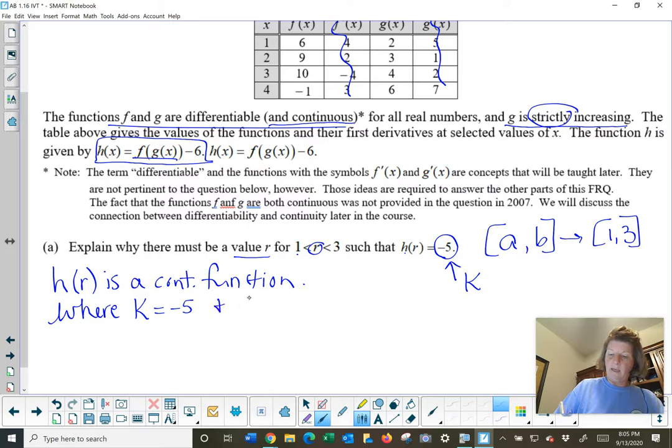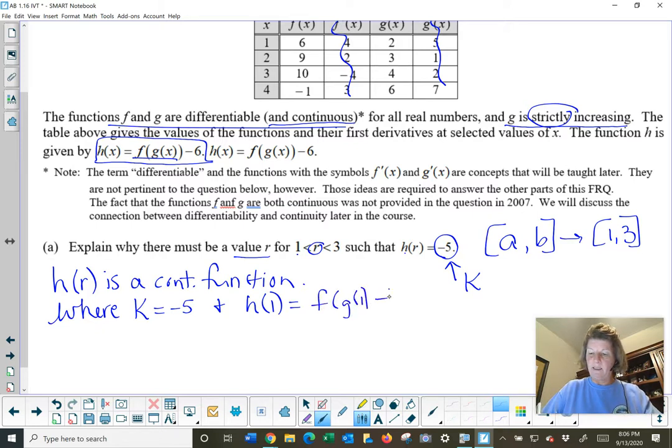and h of 1 equals, h of 1 is going to be f of g of 1 minus 6. And g of 1 is 2.